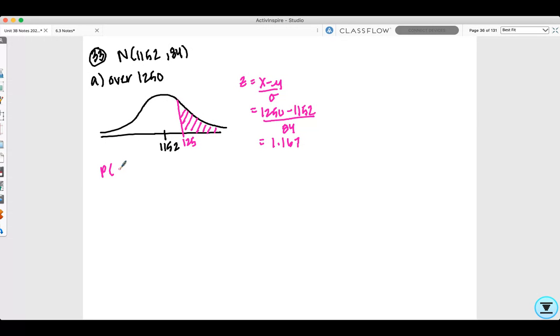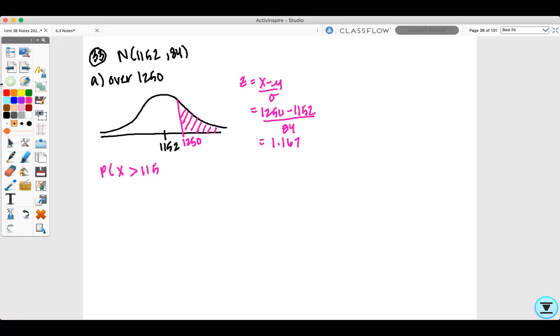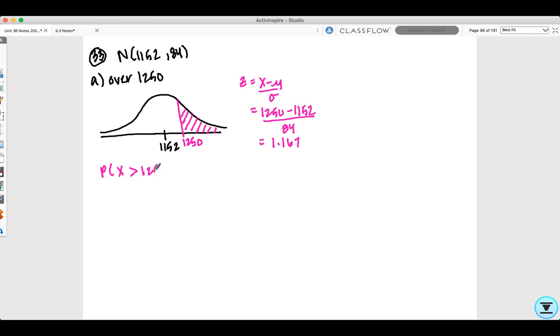So the probability that x is greater than 1,250 is equal to the probability that z is greater than 1.167, which would be 1 minus whatever I get for 1.167.